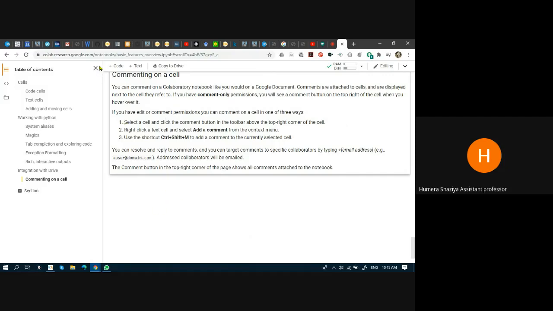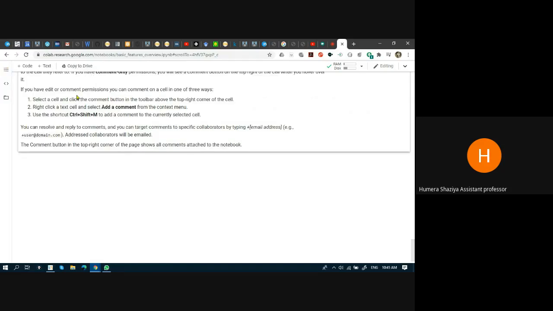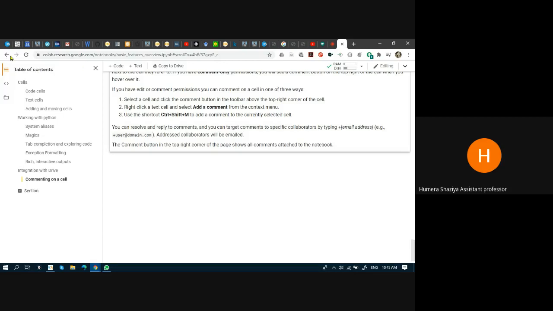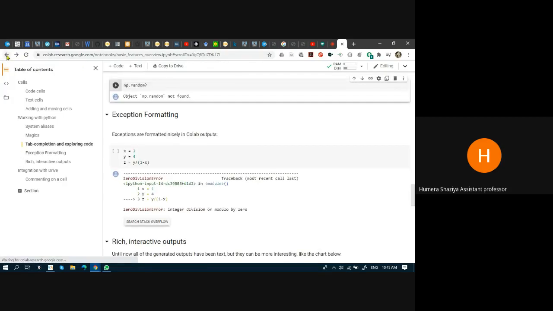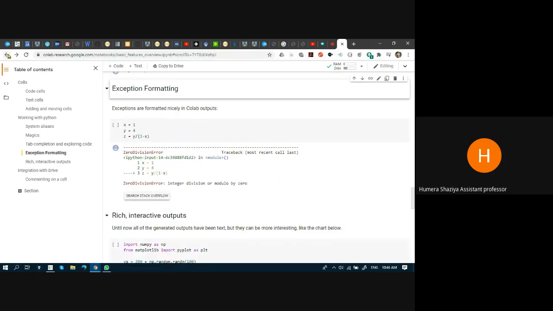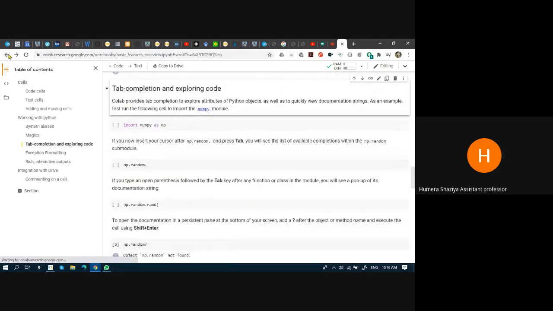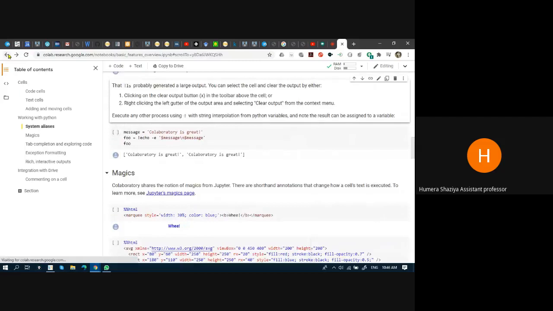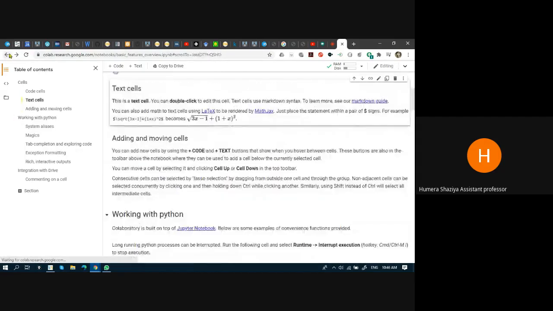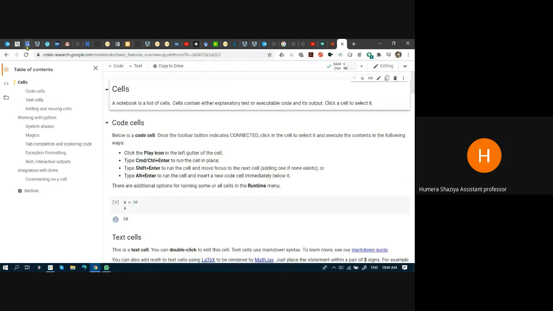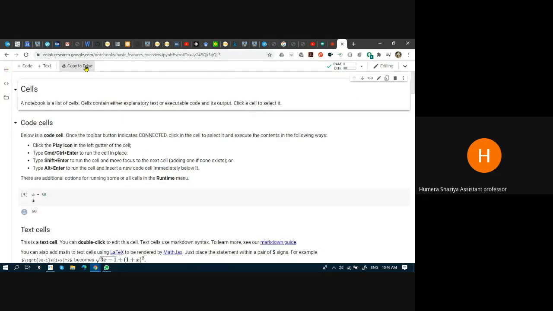This is your Google Collaboratory. Look at here. This is copy to drive. This I can copy to my drive.